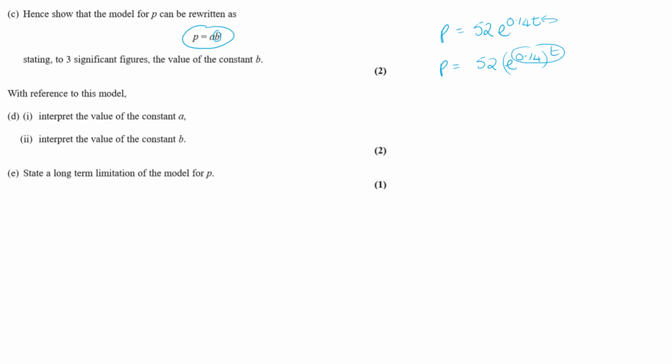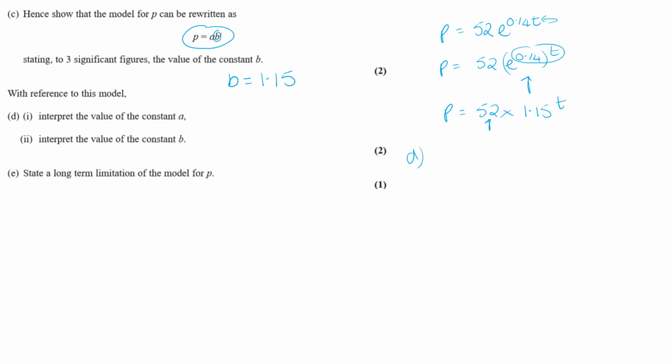So we can find what e to the 0.14 is, because that's just a constant, and it is 1.15. We're being asked to find what b is to three significant figures. b is 1.15.